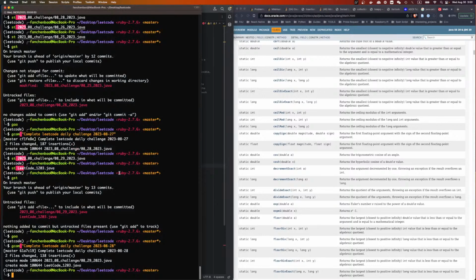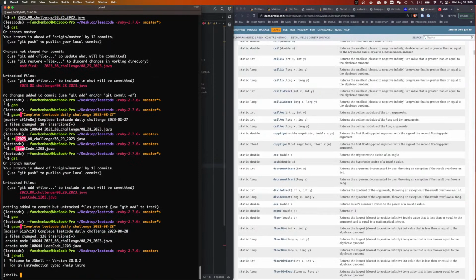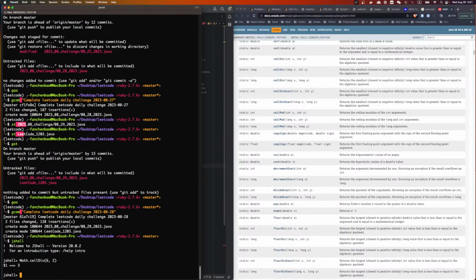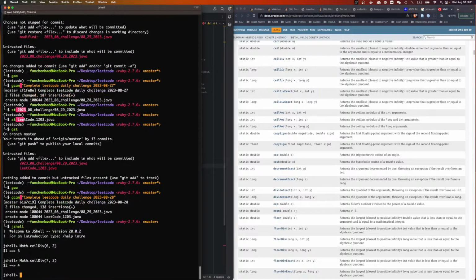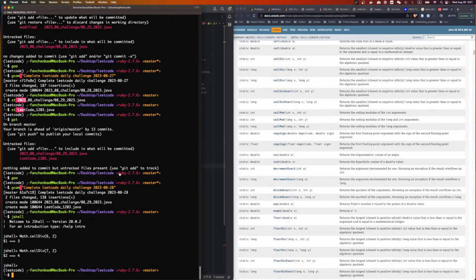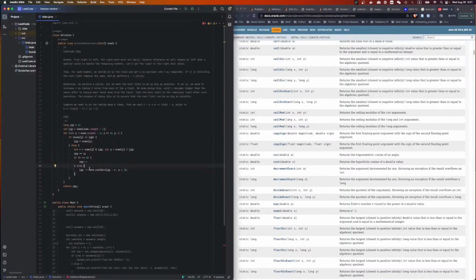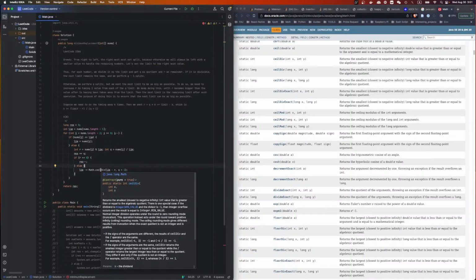I want to double check this in JShell. Math.ceilDiv, let's say 6 divided by 2. That's 3. If we say 7, it should be 4. That's how I imagined. So limit minus equal to this, because it has to be 1 more.